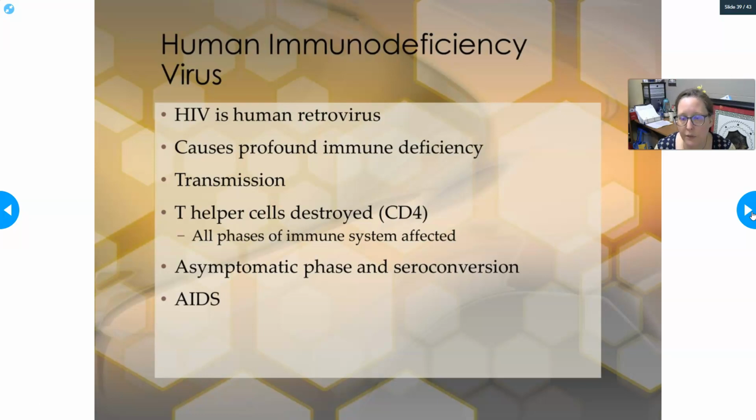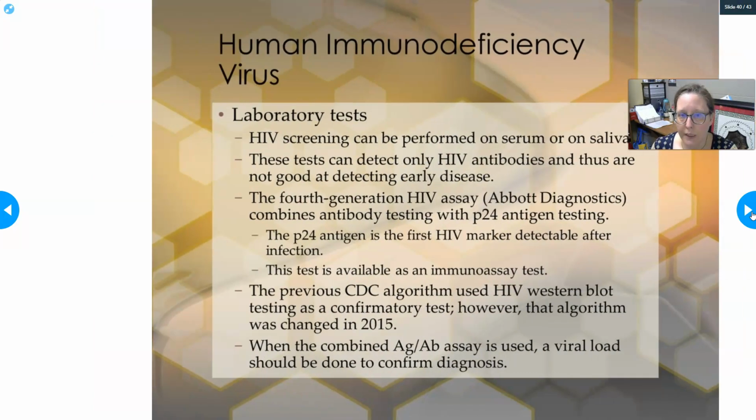If the person is infected with HIV and does not do the recommended therapy, they can eventually develop full-blown AIDS, which is when the CD4 count drops below a certain level where the immune system is completely crippled, and then you see opportunistic infections and cancers.